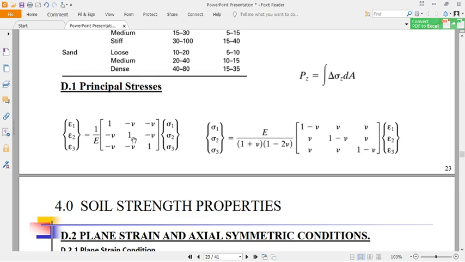Is that okay? So now the total deformation is equal to Z times the strain, which is the strain in Z. Is that okay? Which is this equation here.